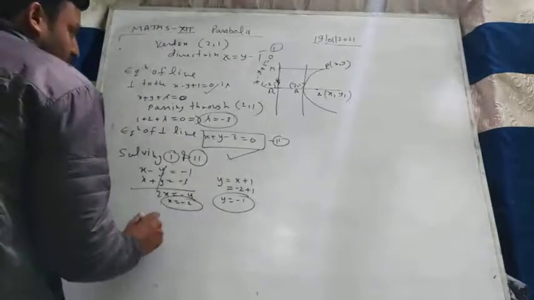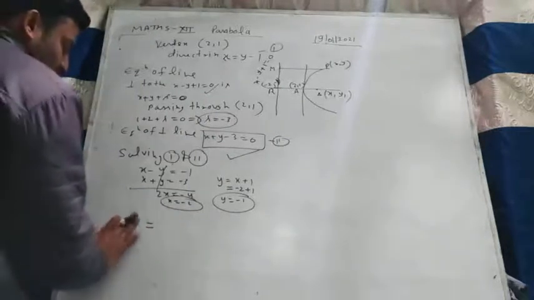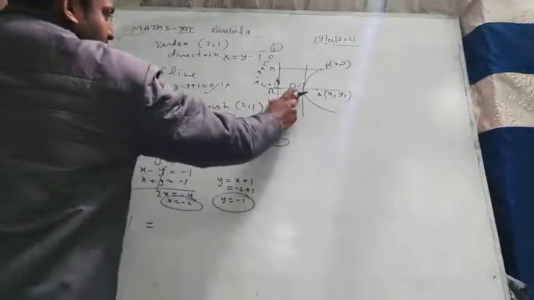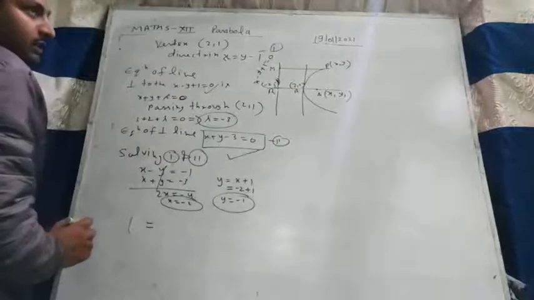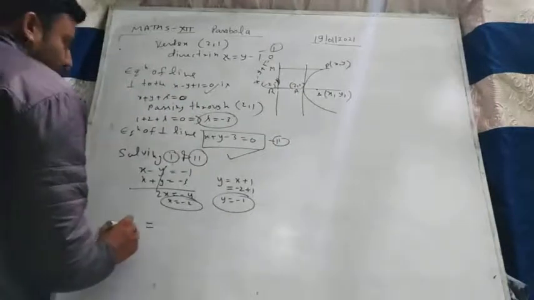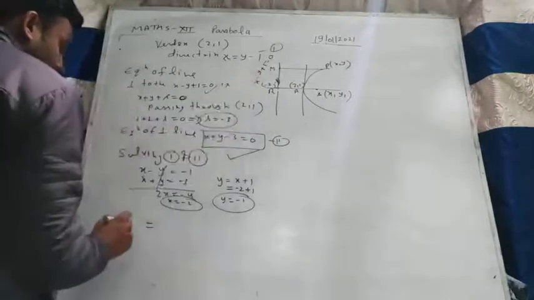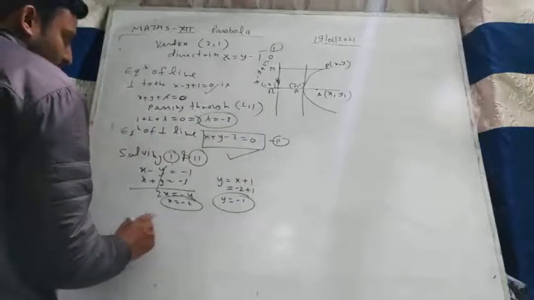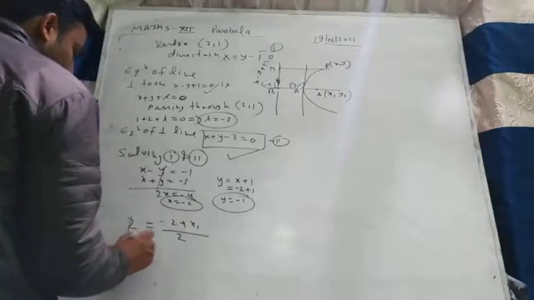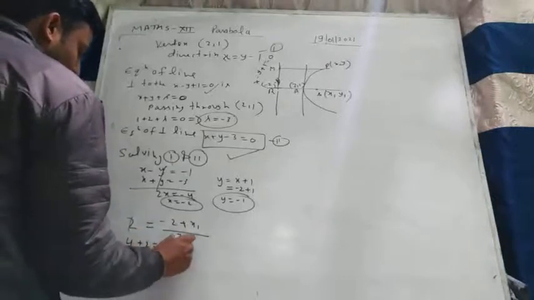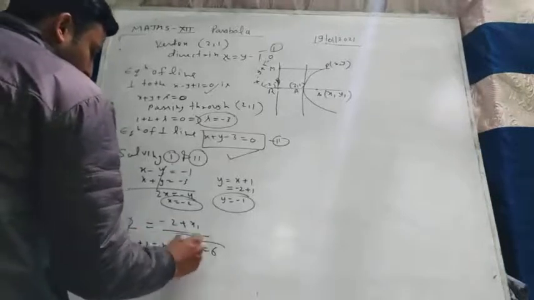So now, student, you know that this vertex A is the midpoint of R and S. So we apply the midpoint formula and get the coordinate of this focus. So we write 2 is equal to minus 2 plus x1 by 2. So 4 plus 2 is x1, so x1 is 6.